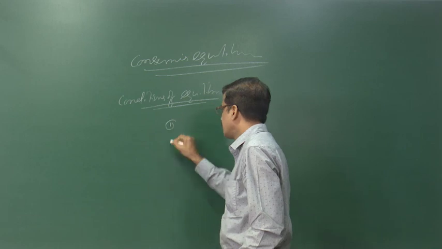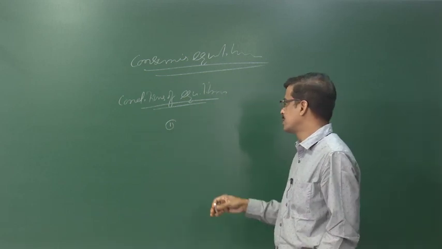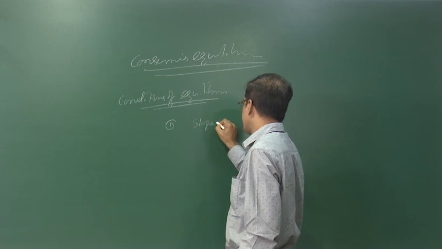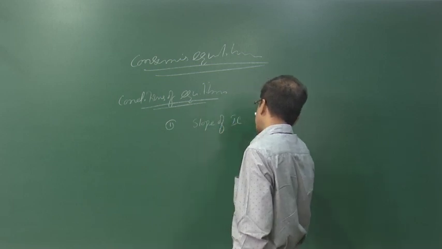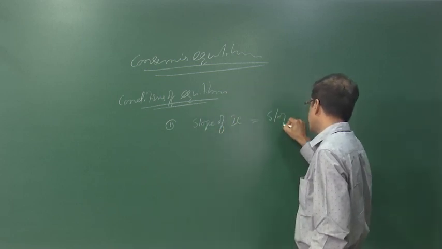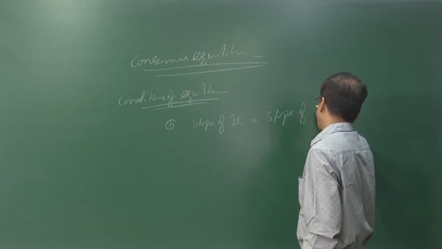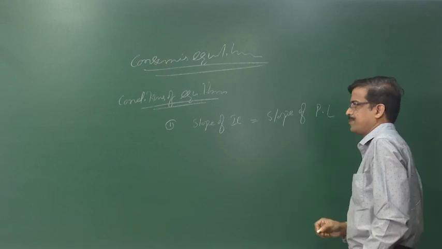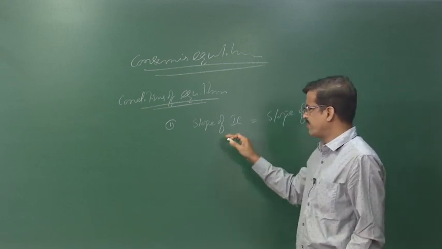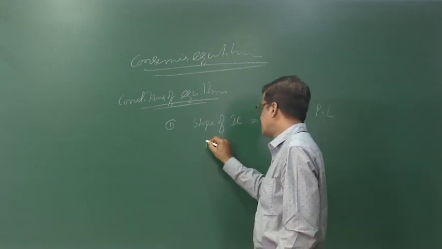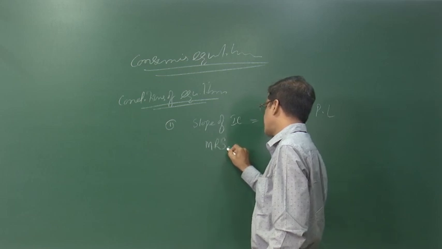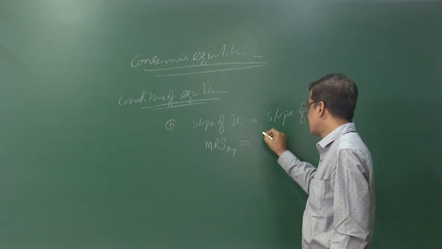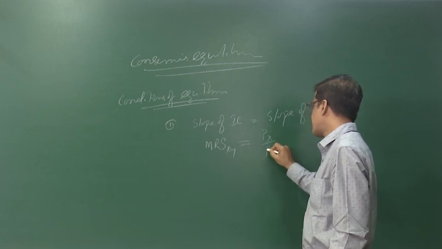The first condition tells us that the slope of the indifference curve must be equal to the slope of the budget constraint or price line. Slope of the indifference curve means marginal rate of substitution of X for Y, and slope of the price line means nothing but the price of X upon the price of Y.